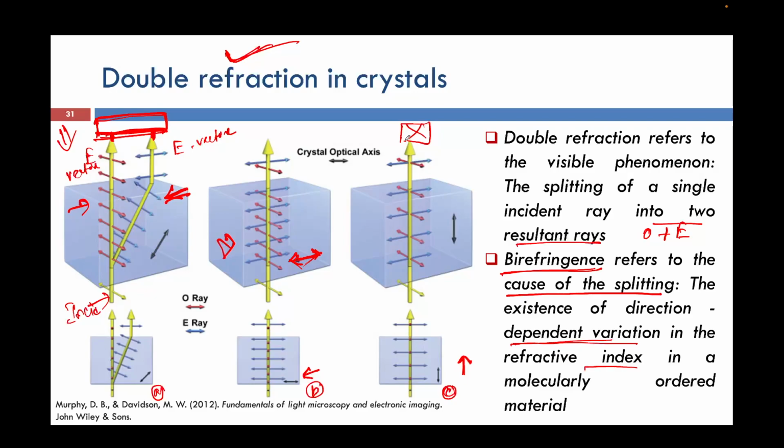So your crystal optic axis and your incident beam direction should be different so that double refraction can take place. That is the birefringence, and it is given as NE minus NO, where NE is the refractive index of the extraordinary ray and NO is the refractive index of the ordinary ray.